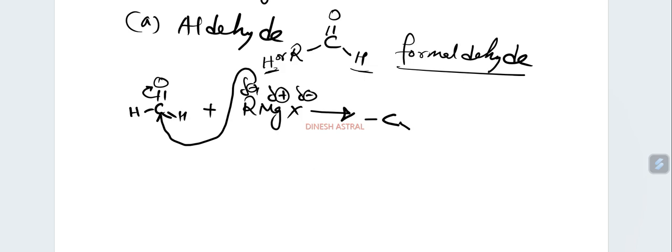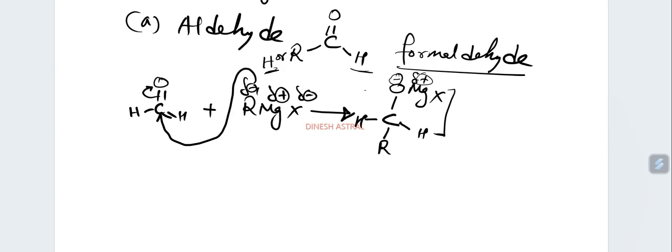These two hydrogens will remain as they are, and this carbon will form a bond here, so it will be R-C. On the top, the sigma bond will carry a negative charge. Now this will be bound with magnesium halide, where X can be any halogen. This one will be positively charged.